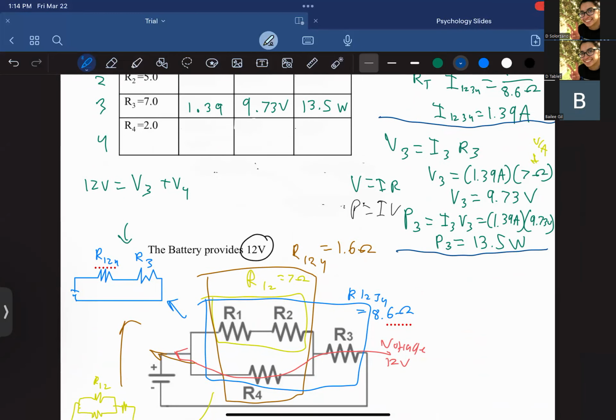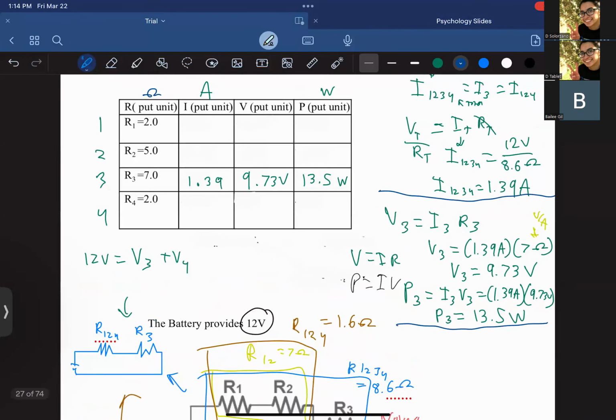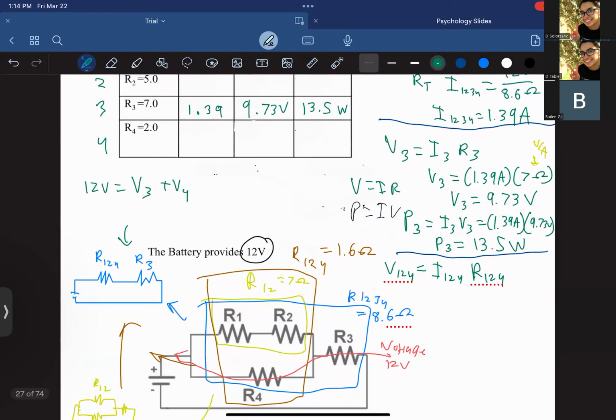So we have our I 1, 2, 3, 4, which is the same as our I 1, 2, 4. So we'll start with that. We're going to be solving for the voltage of 1, 2, 4 with the resistance of 1, 2, 4. So we have both these two.